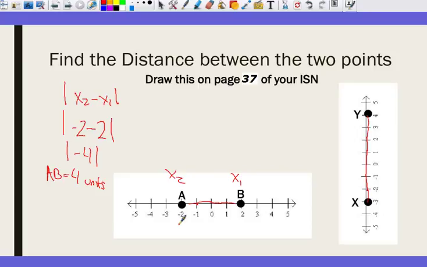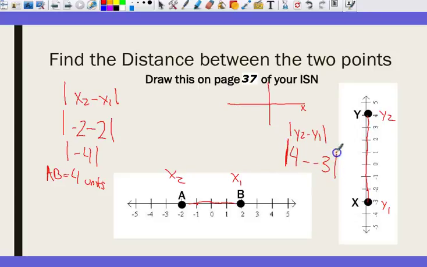All right, if this was x, and this was the horizontal plane, right? So if we had a graph, that was x. If it's going straight up and down, what do you think you're going to use? A y. So instead of being x2 minus x1, it's going to be y2 minus y1. We'll say this is our y2. We'll say this is our y1. Our y2 value was 4 minus our y1 value was negative 3.